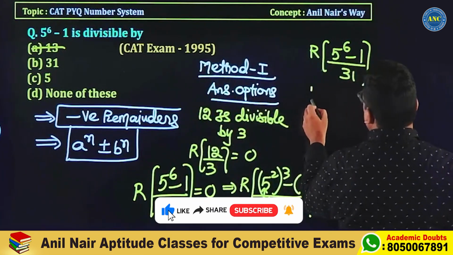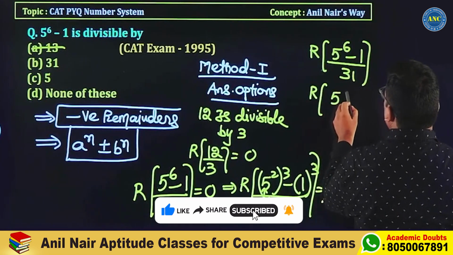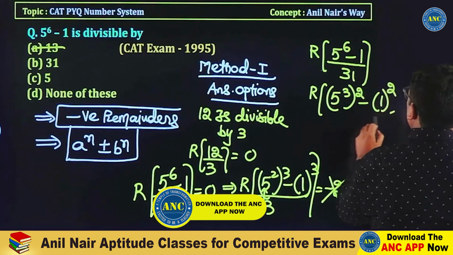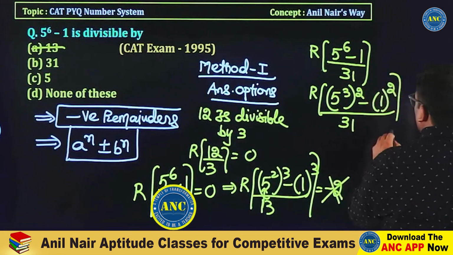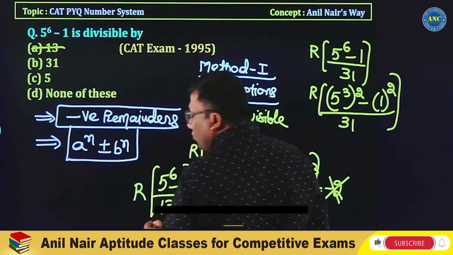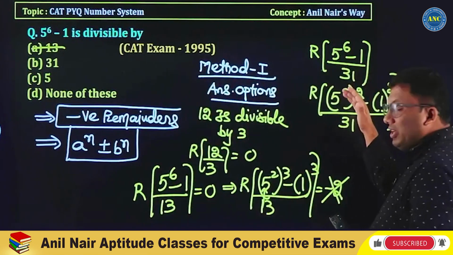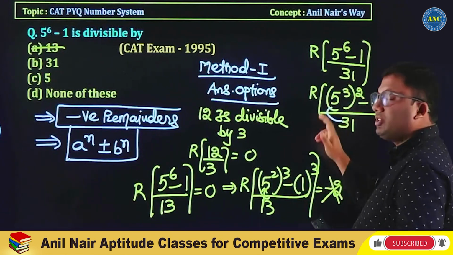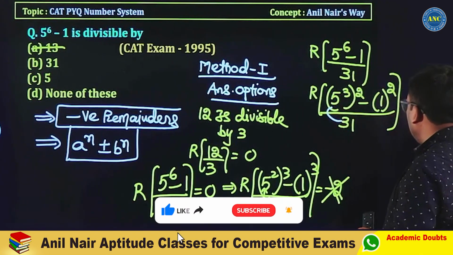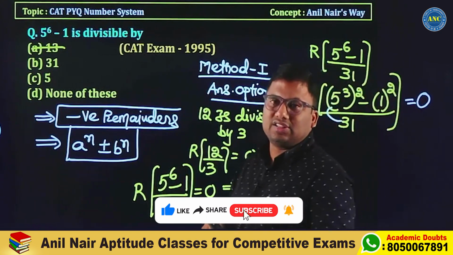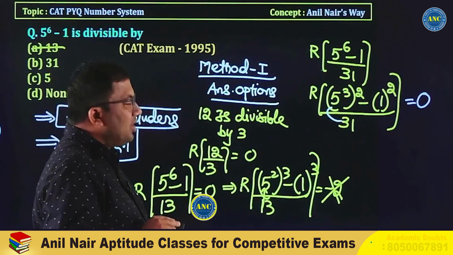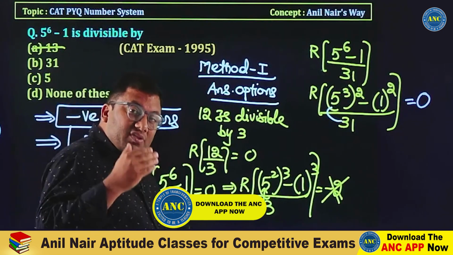So this can be written as 5 cube whole square minus 1 square divided by 31. 5 cube is 125. 31 fours are 124, remainder it is 1. 1 minus 1, it is 0. That means 5 power 6 minus 1 is divisible by 31.